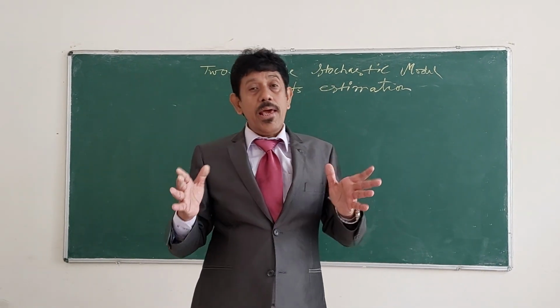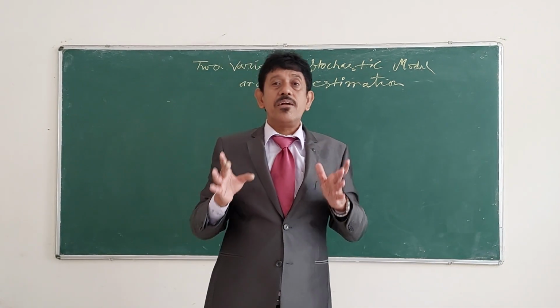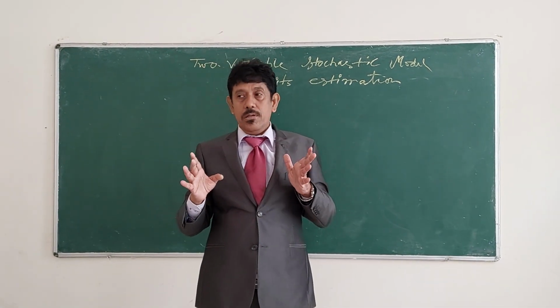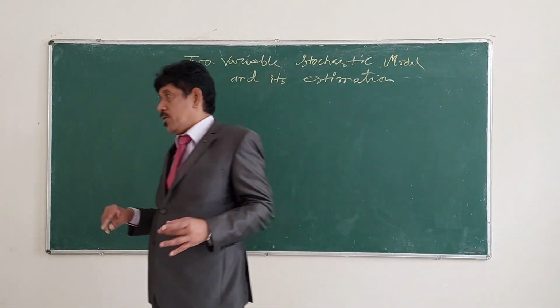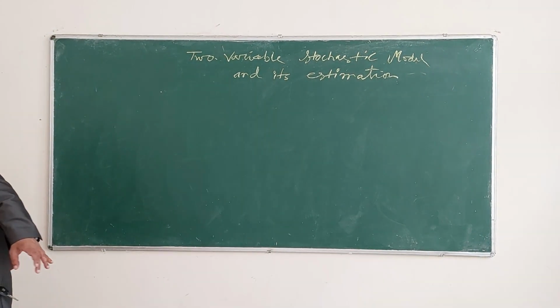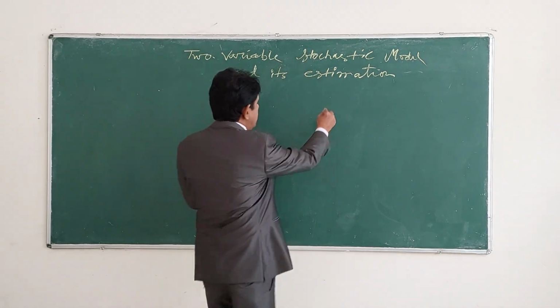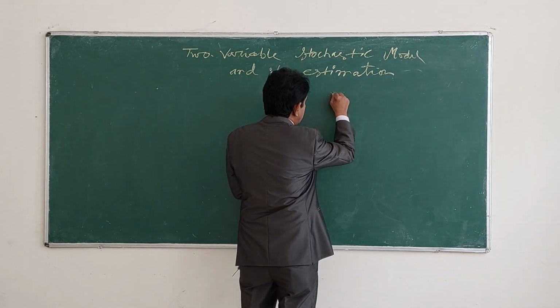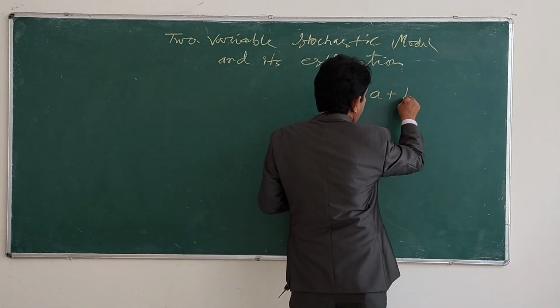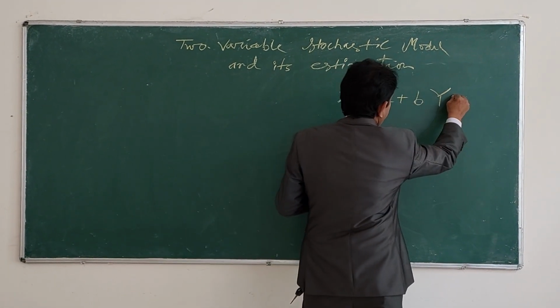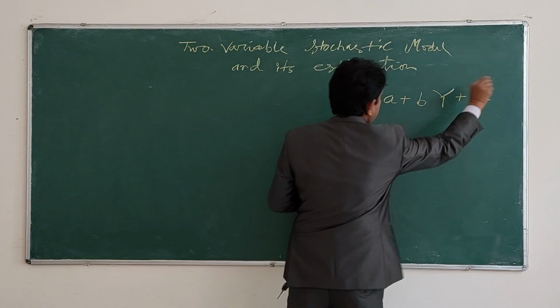Why the disturbance term is included in the model, I had discussed yesterday. So the stochastic model is written as x is equal to a plus by plus u.